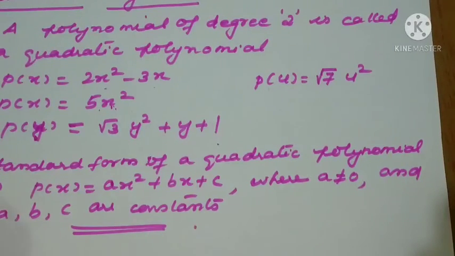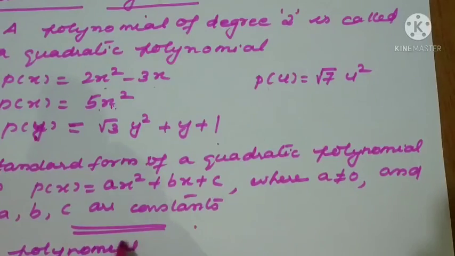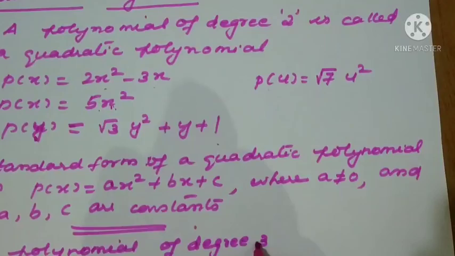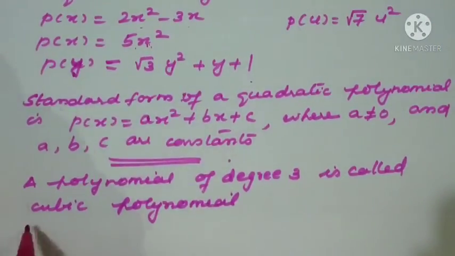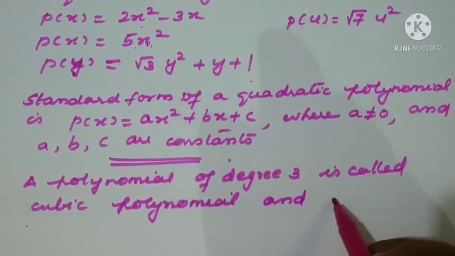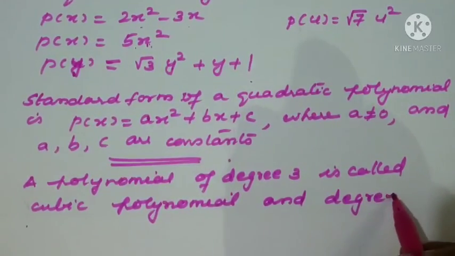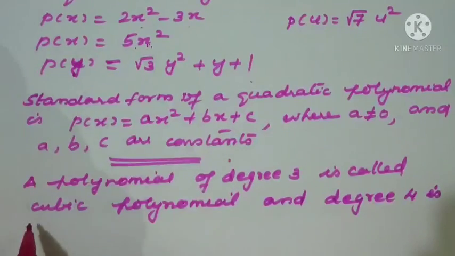That is, when the degree is 3, a polynomial of degree 3 is called a cubic, and degree 4 is called biquadratic.